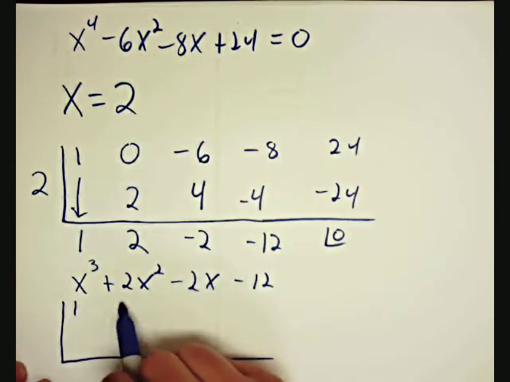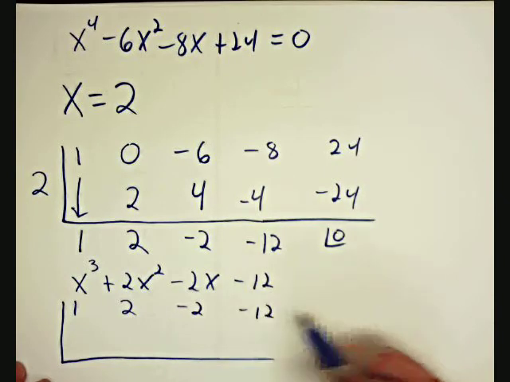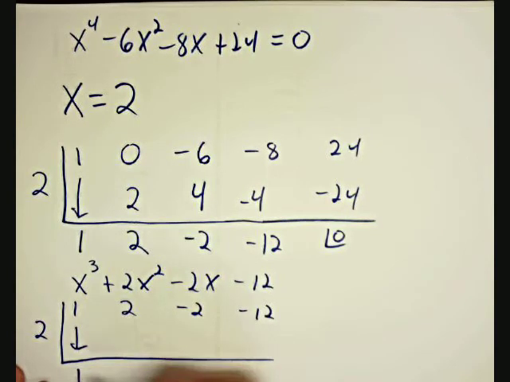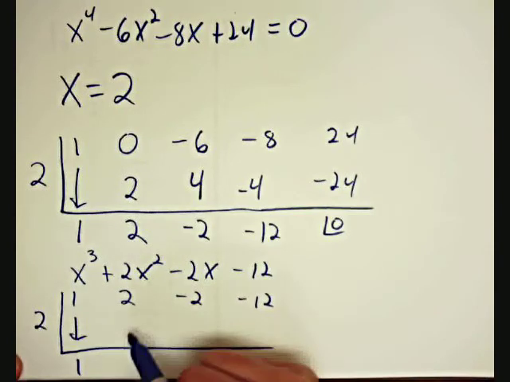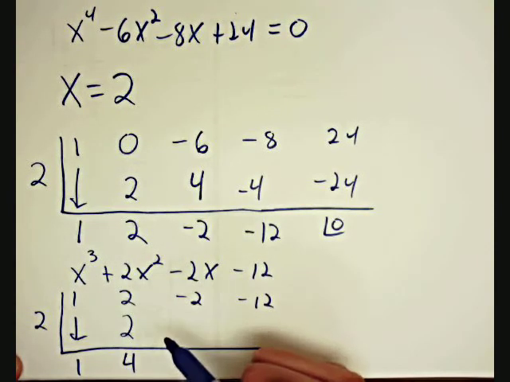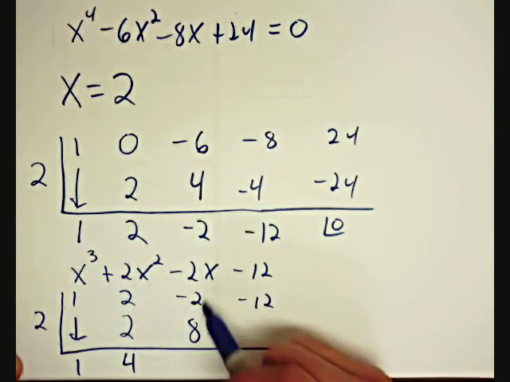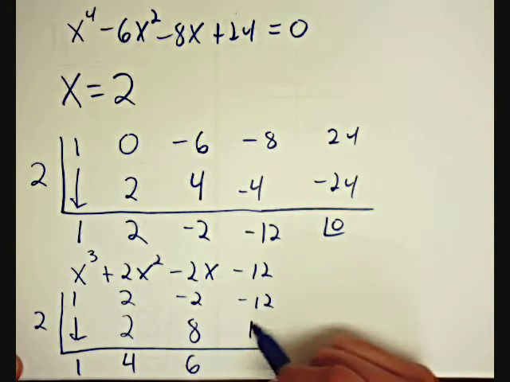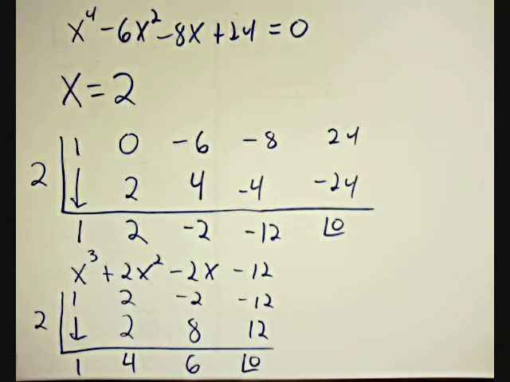So 1x cubed, 2x squared, negative 2x, negative 12, 2 outside. Bring down the 1. 2 times 1 is 2. 2 plus 2 is 4. 2 times 4 is 8. Negative 2 plus 8 is 6. 2 times 6 is 12. Negative 12 plus 12 gives us remainder 0.